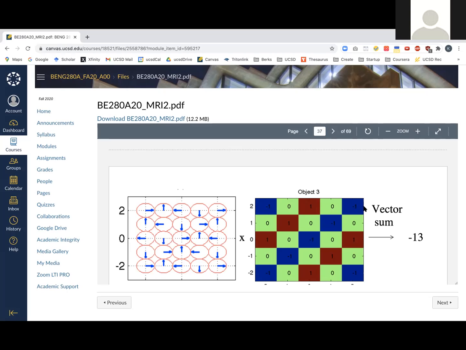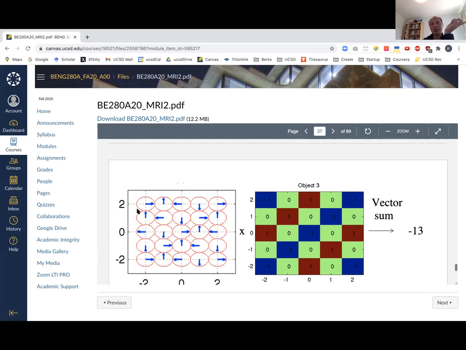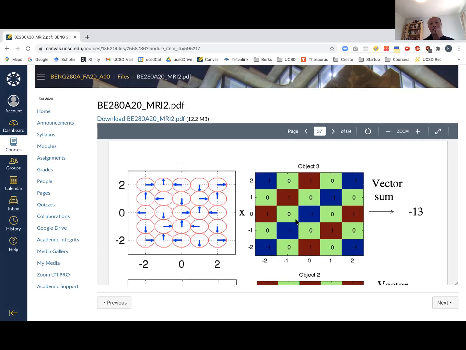So when you take the phase and you negate it, you have the phase here, and then it's multiplied by -1, so it points in the -1 direction. If you look in the top left-hand corner, you have a -1, but its phasor is pointing in the positive direction. Once it gets multiplied by -1, it points negative. So all the things are going to point negative. Whereas in this case, you only have ones in your object, so nothing gets flipped, right? I see. So 1 times an arrow pointing in this direction leaves the phasor pointing in the same direction. Okay. Does that help? Yeah.